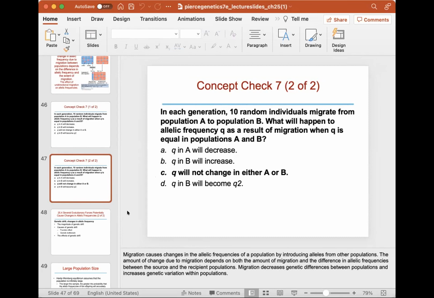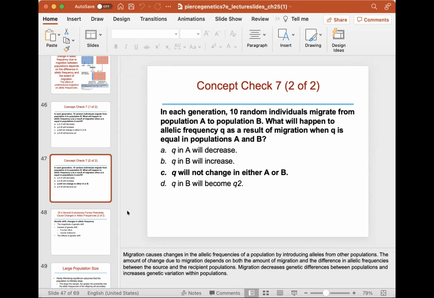I think the reason it doesn't change is because at the beginning, we know that Q is the same in A and B, and we're just taking 10 random individuals. The fact that it's random, that we're not cherry-picking for Q, is the reason it doesn't change.